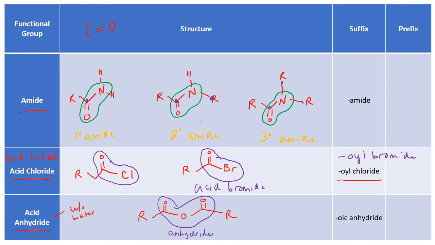So you can almost see how it looks like if you had a carboxylic acid and you had another carboxylic acid, and you brought those together and you removed H2O, you would be left with that acid anhydride.